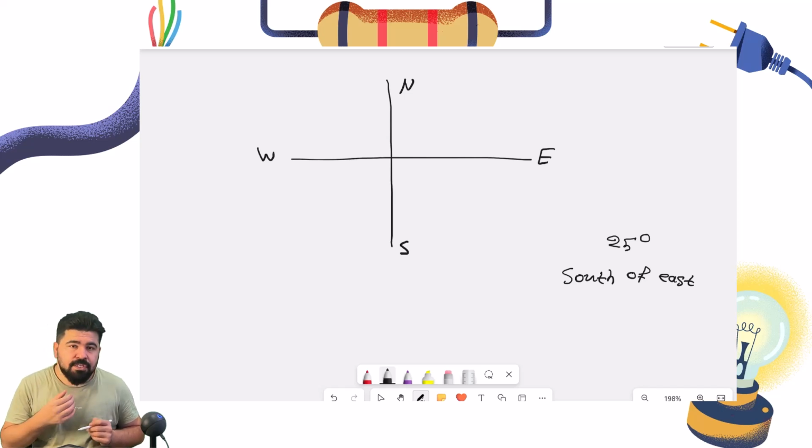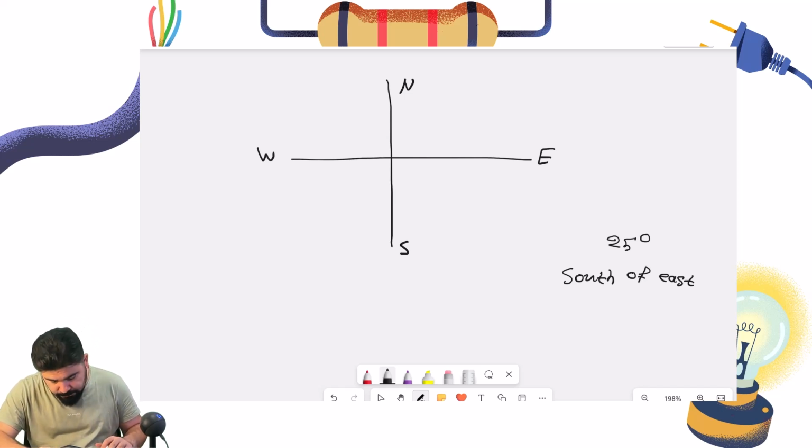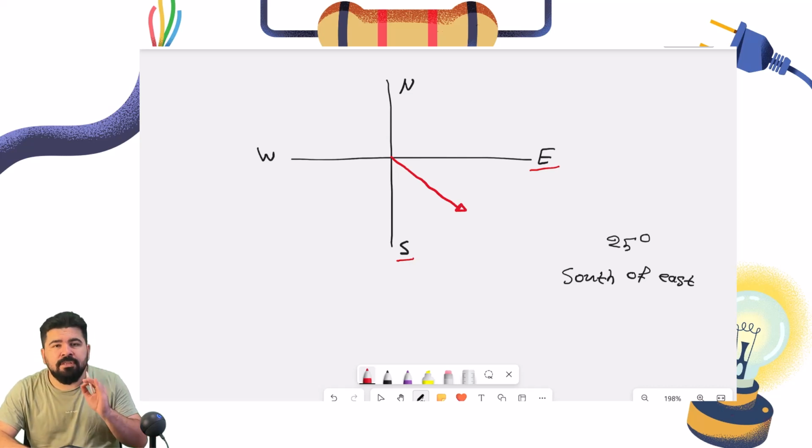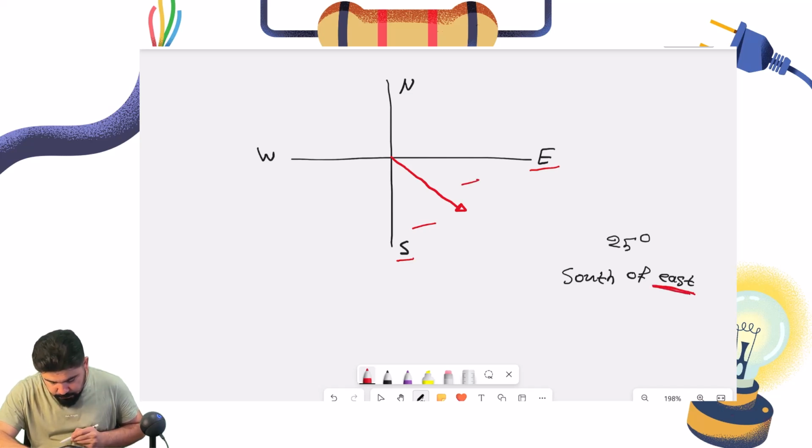25 south of east. Now how do you know where is south of east? This is south and this is east, you know that the vector is going to be between them. Now where do you put the angle, here or here? Guys, you take the second direction. It says east, so the angle is made here, so theta is equal to 25.